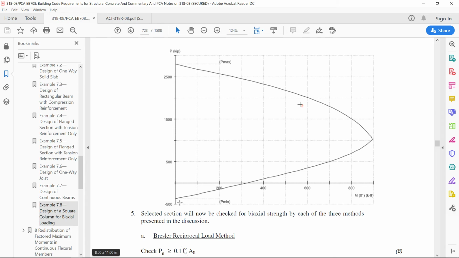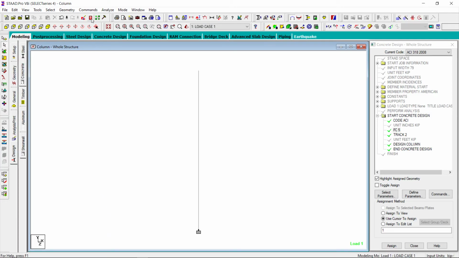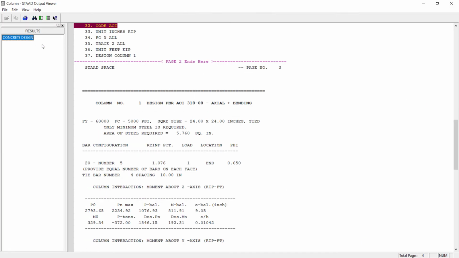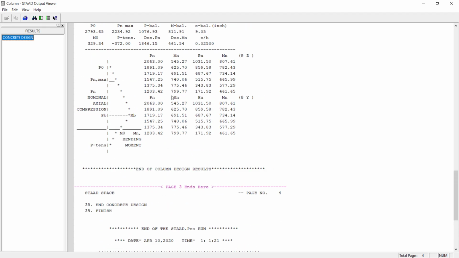It looks like this is okay. So STAAD has generated a very similar interaction diagram, which we can see here. What we can conclude is that STAAD can design a concrete column correctly.